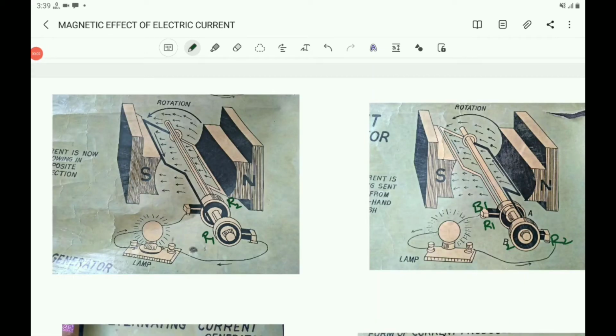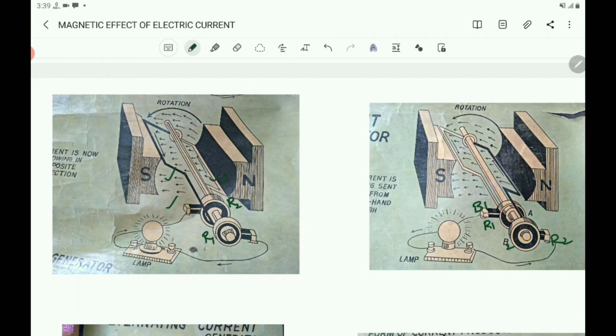Initially, the armature coil ABCD was in the horizontal position. Now, the coil rotates clockwise and the coil cuts the magnetic lines of force. And you observe that the arm AB moves upward and the arm CD moves downward.